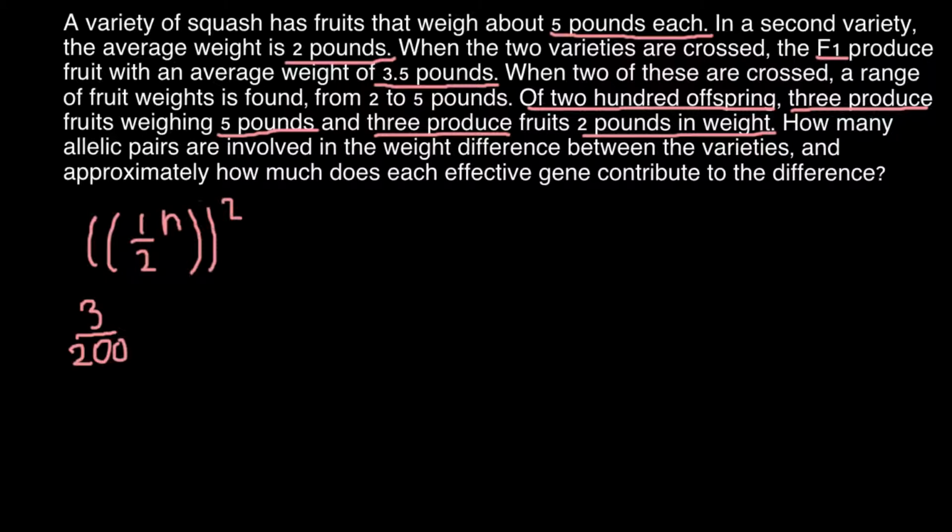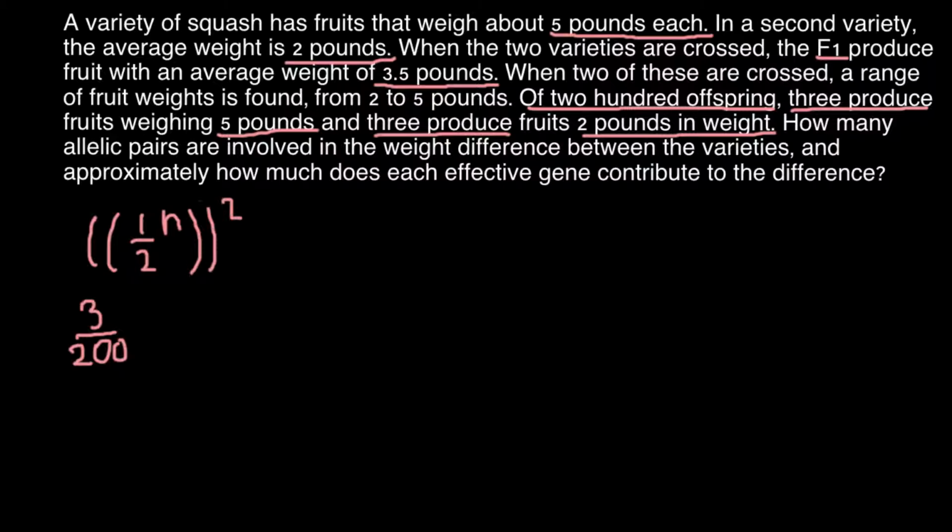We only take one, whether it can be those plants that produce the biggest fruits, 5 pounds, we have 3 of them out of 200, or we have the same number, 3, that produce 2 pounds in weight. So it doesn't matter in our case, but we don't combine them.